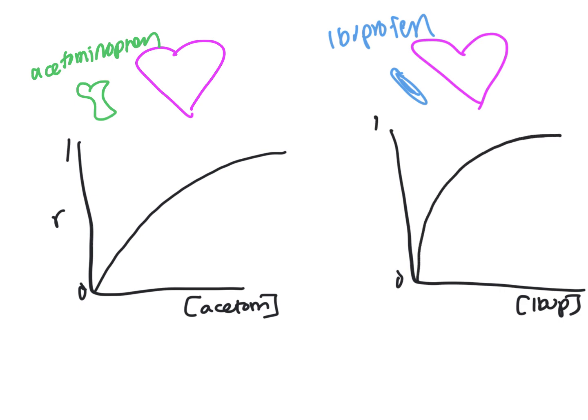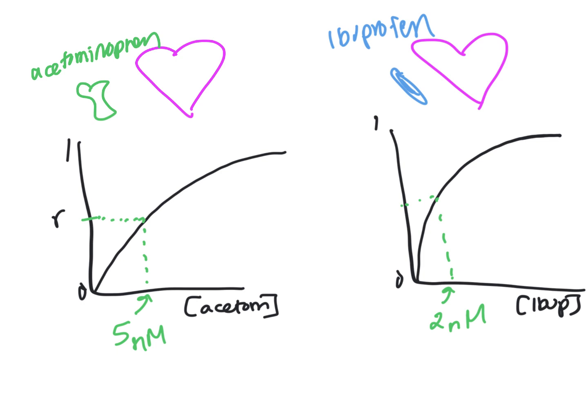Looks like this. And I had already decided that my KD from this one is 2 nanomolar. And if I look at my acetaminophen, my KD over here is 5 nanomolar.